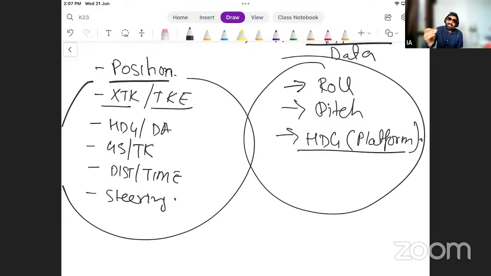But in an INS, which is an older system, we don't use ring laser gyros to give us a steady platform. We use a different kind of gyro, a mechanical gyro, which has a viscous fluid instead of springs.